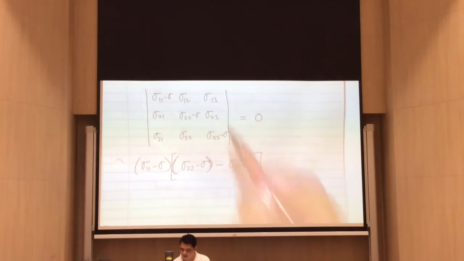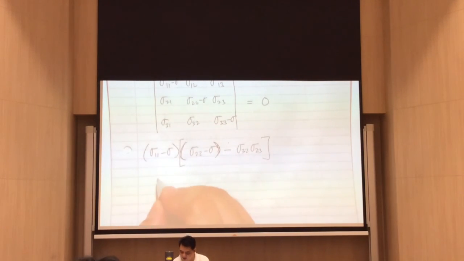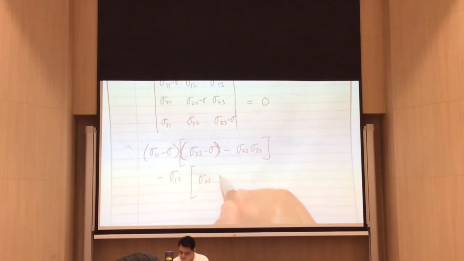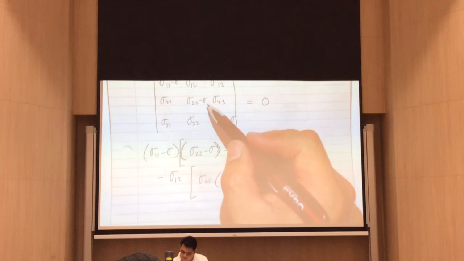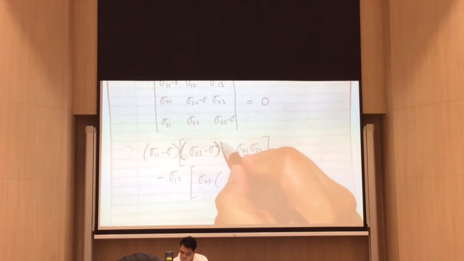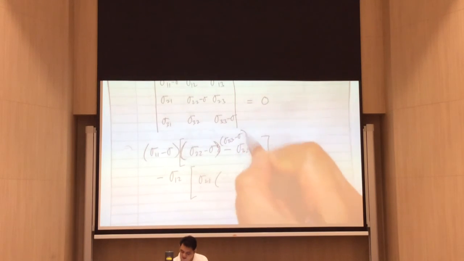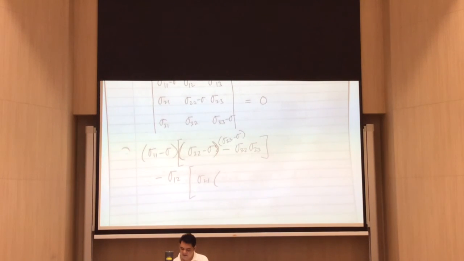Then you take your second value, please correct me if I'm wrong here, minus sigma 1, 2, multiplied by sigma 3, 3 minus sigma. This minus that.